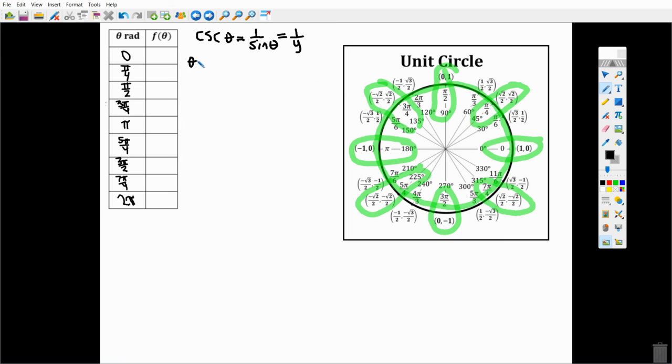So at theta equal to 0, cosecant of 0 equals 1 over the y value, that's 0. So for this one, 1 over 0 is undefined, so we're going to put undefined there. Then at pi over 4, we have cosecant of pi over 4. That's 1 over the y value at pi over 4, which is radical 2 over 2, which is 1.4.